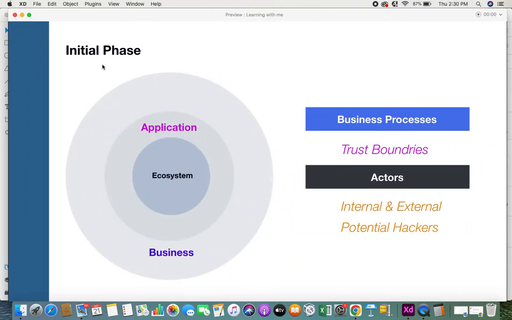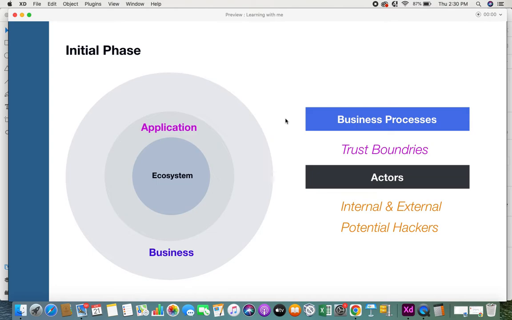So, in the initial phase, when you start the threat modeling, be it for a business or for an application, the starting few things are done. The first one is identifying business processes. If it's for a business or for a client, there would be some business process.